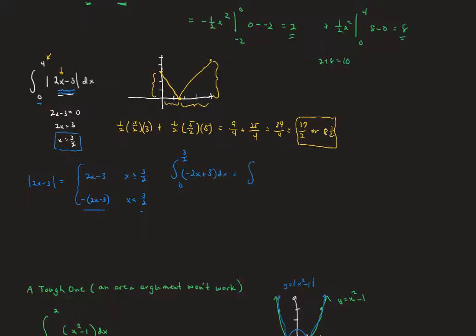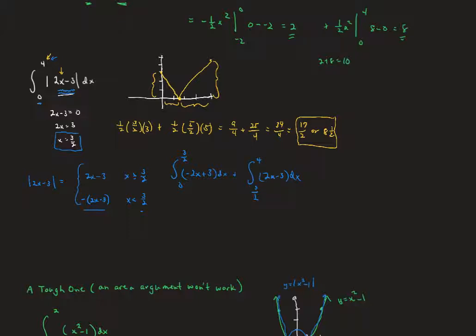Plus we're going to get the part now to the other side of 3/2. So from 3/2 to our upper limit of 4, and that's going to be just the 2x minus 3, because in this interval, our x values will give us a 2x minus 3 that's positive, and the absolute value will leave it alone.